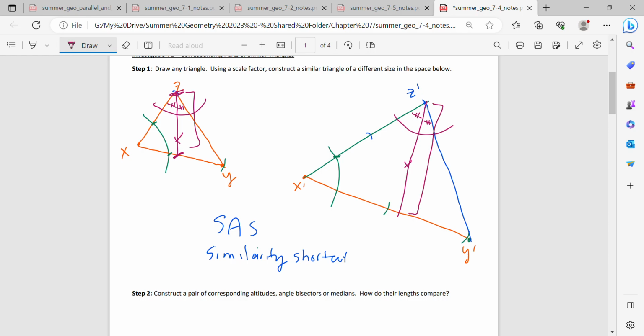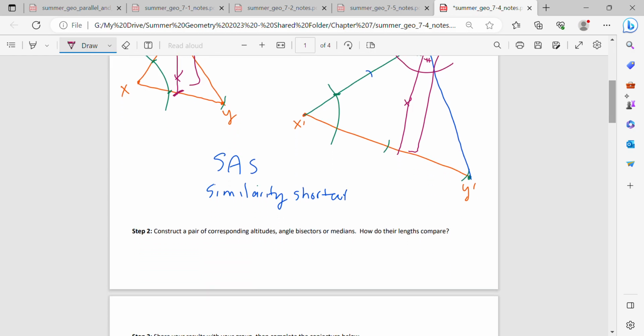For mine, what we should notice is that the angle bisector in my similar triangle is twice the length of my original.